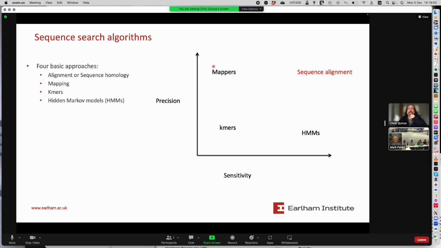Now, you can get a method that has a high level of precision, but is also fast, and that would correspond to mappers. And they're based on quite clever algorithms like the Burrows-Wheeler transformation, or more clever uses of k-mers.